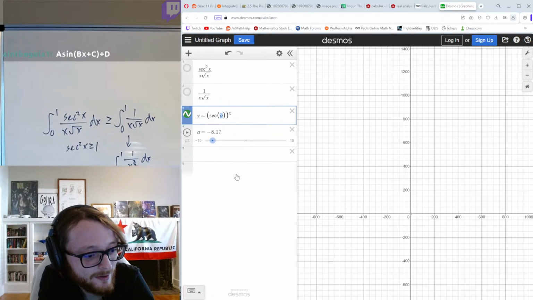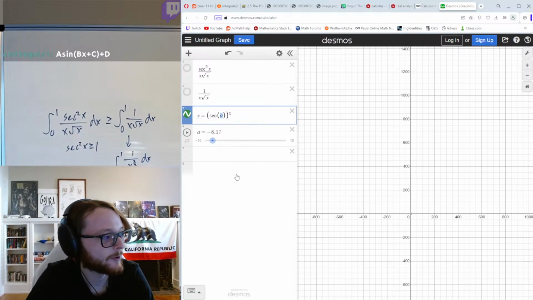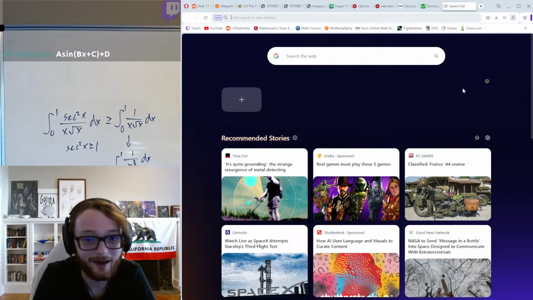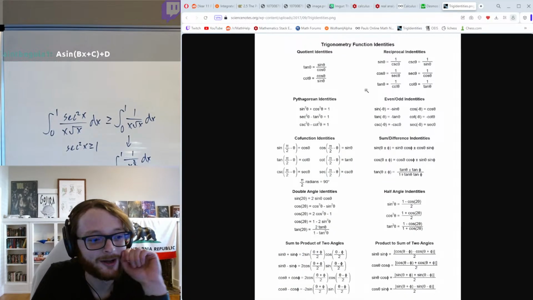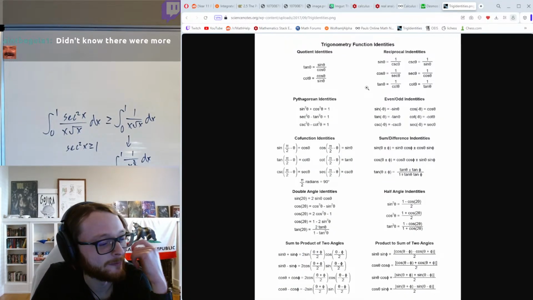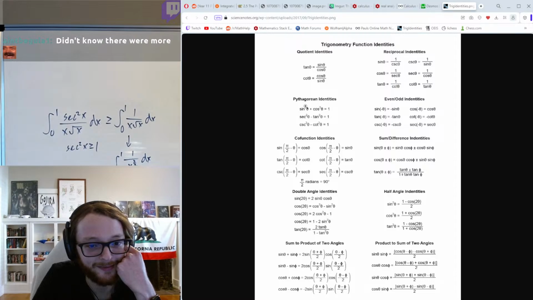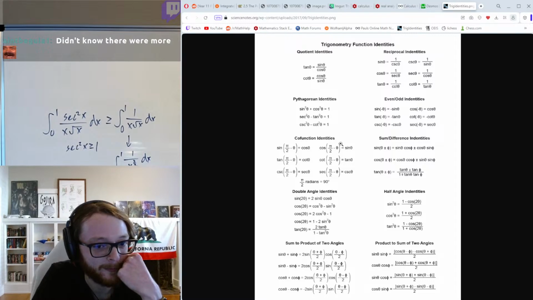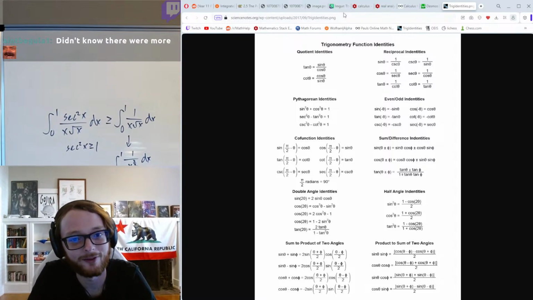So yeah, C is the phase shift. What you're saying is the general form of a sine function. I thought you were talking about identities, like sine squared plus cosine squared is 1, and there's a whole bunch of trig identities, but you don't mean any of these.